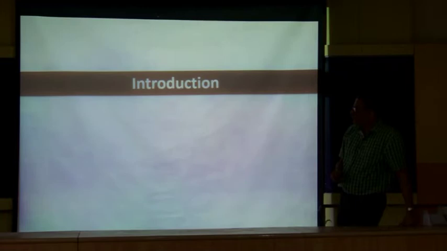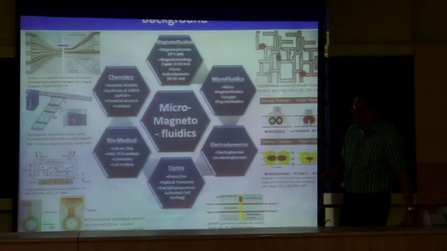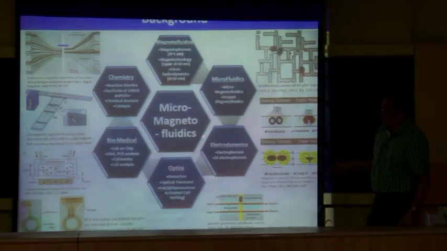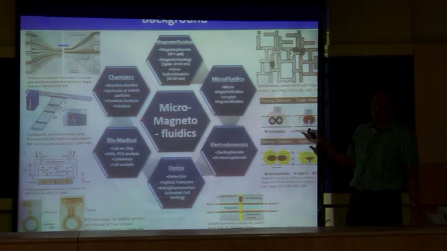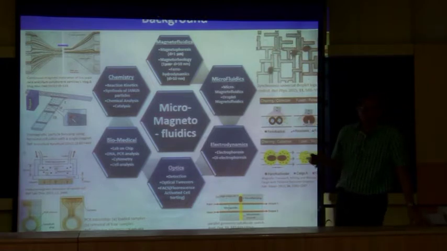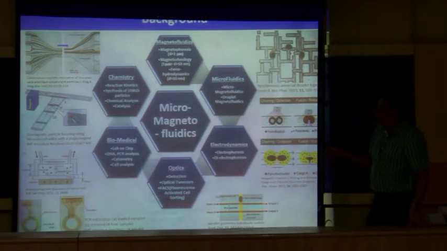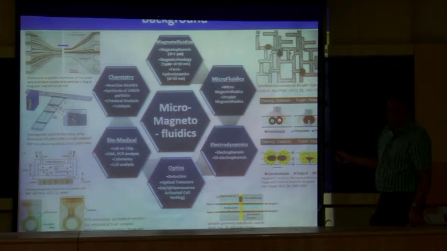Okay, so let me start. So lab on chip, as I said, magnetic fluids itself is an ocean. There are so many different topics. One can talk the whole day about just the applications of magnetic fluids in lab on chip. So for example, there are applications in making chemical reactions.